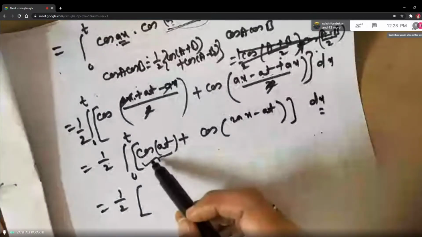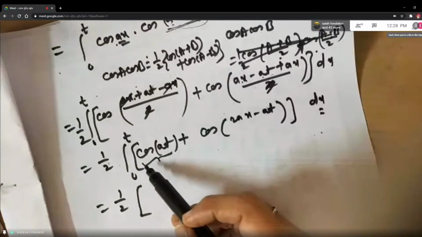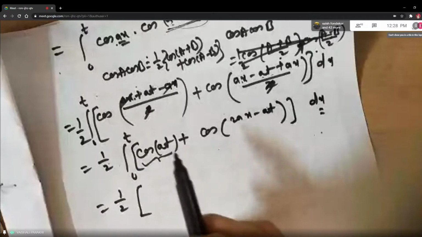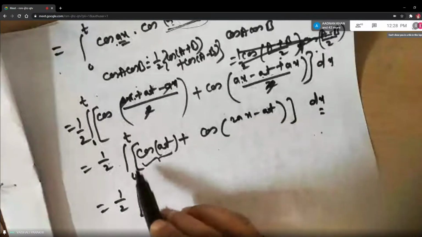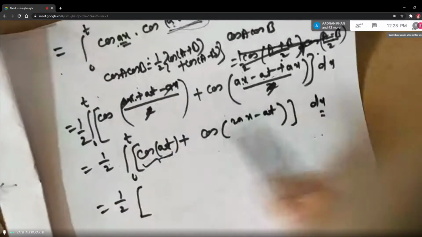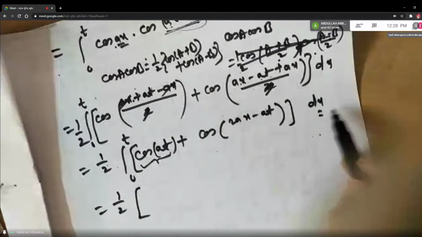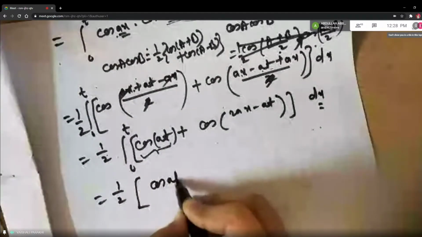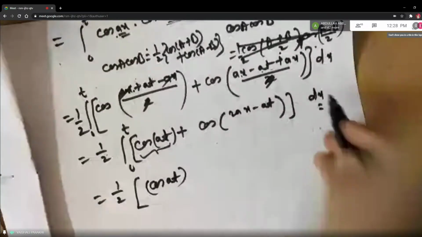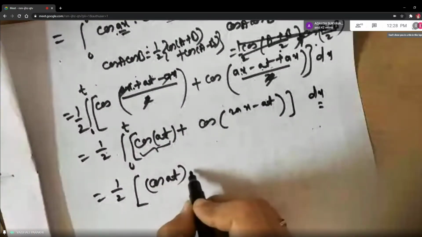So in a hurry, you may write its integral as sine of 80 by 8 or something. But if you see carefully, this is a very important step. This is cos of 80, but you are integrating with respect to x, right? So this cos of 80 is a constant and the integral of dx is x. So I can write it as cos 80 into x. Don't write cos 80x.